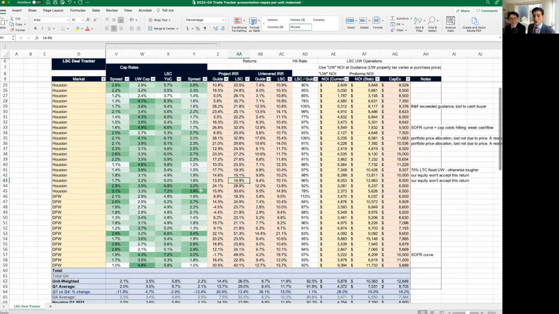Our investors and most people's investors want mid to high teens returns. Even if it is a good deal because it's new and low risk and great location, if the returns are 12, even if that's good for that kind of product, it's just not going to work. So we'll get there eventually, right? We think those are good deals, but we're not yet ready to take action on those.